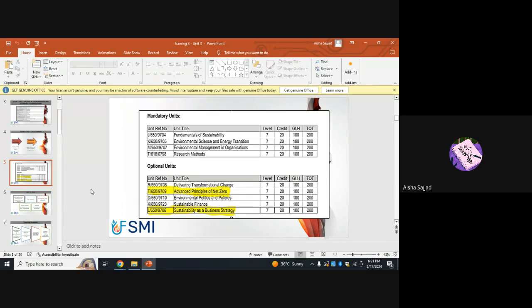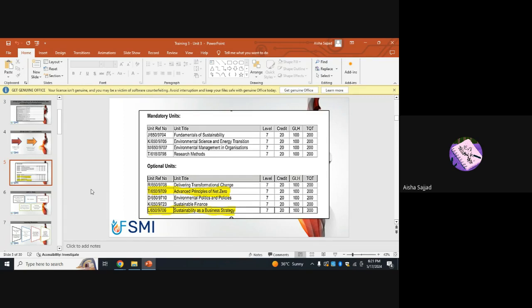Afterwards, we talked about unit number 2, environmental science and energy transition, and in the next session, how to produce its report. Now, this is the third unit, environmental management in organizations. Its description was provided last Friday, and I am here to talk about its report now.